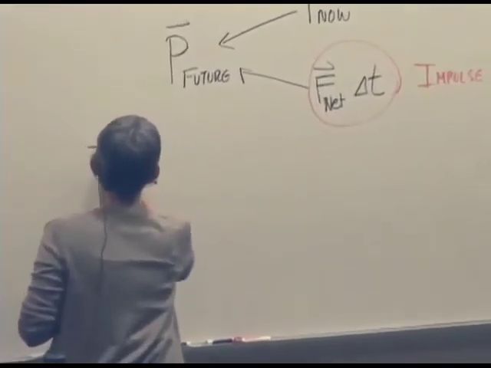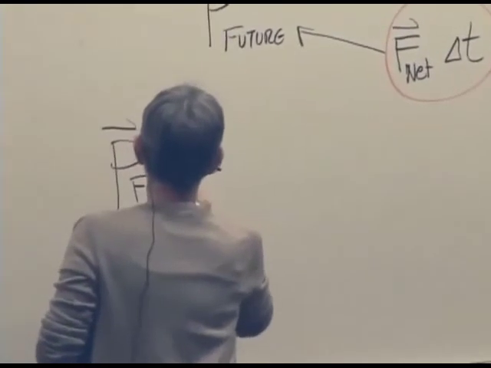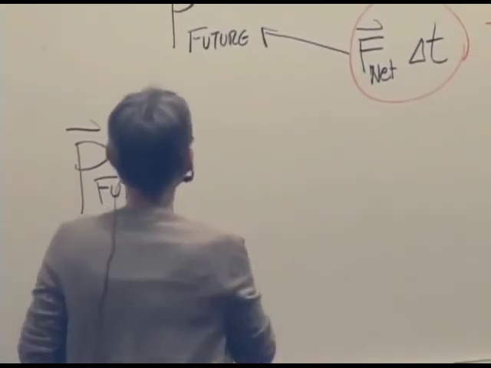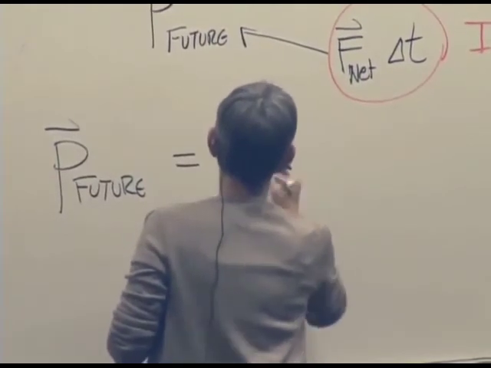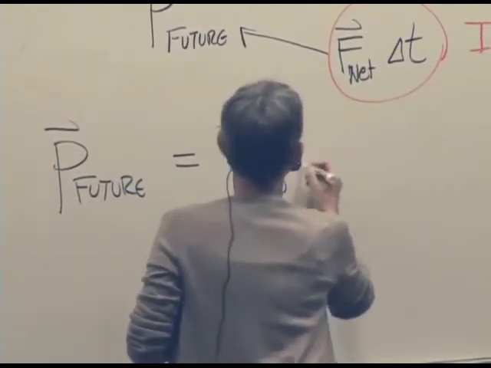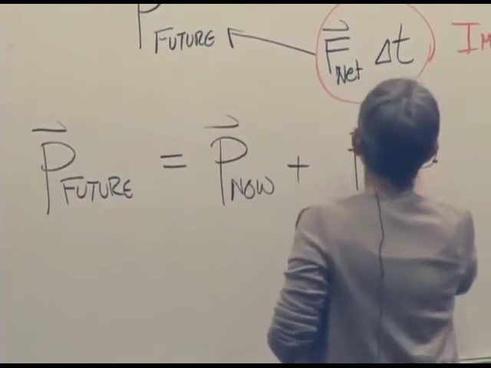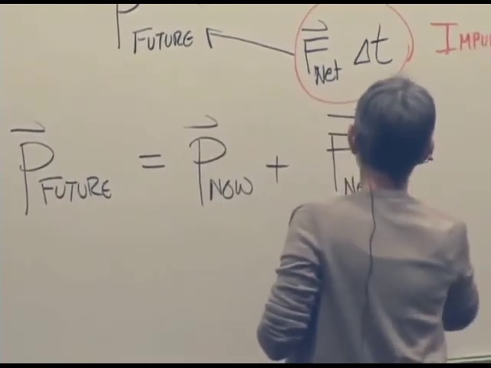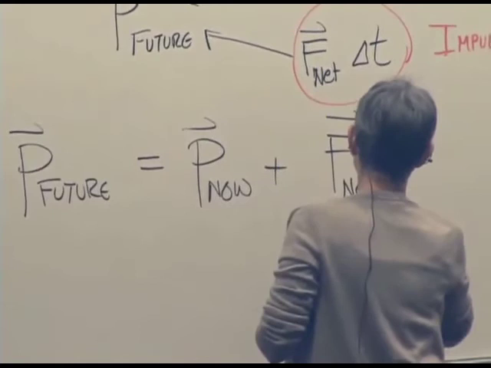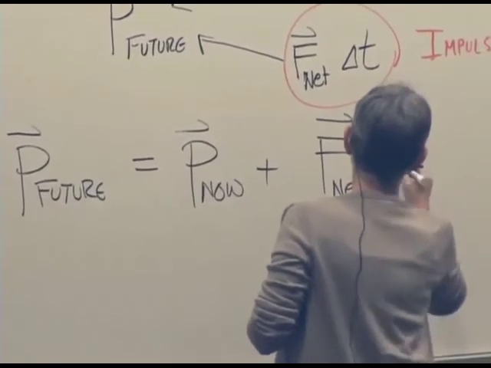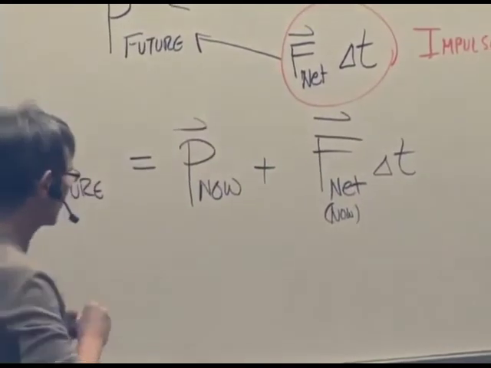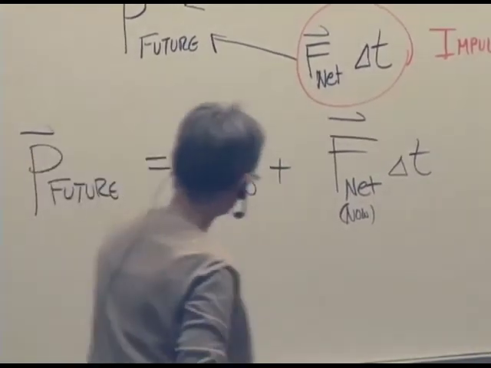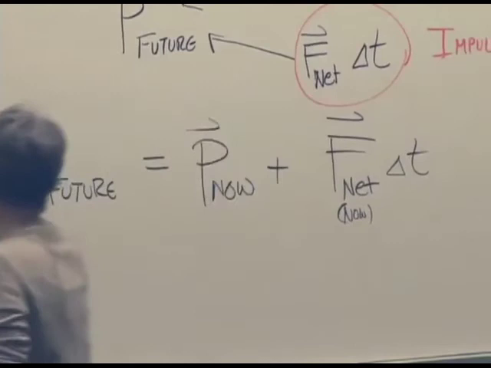The momentum of an object in the future is going to be equal to the momentum of the system now plus the net force acting on the system now times the time through which the force acts. And this is the momentum principle.